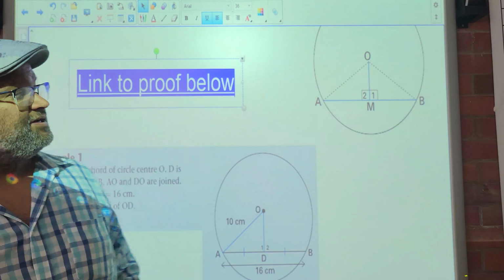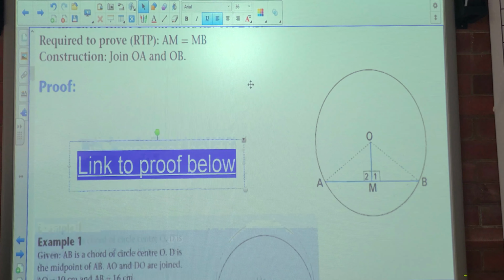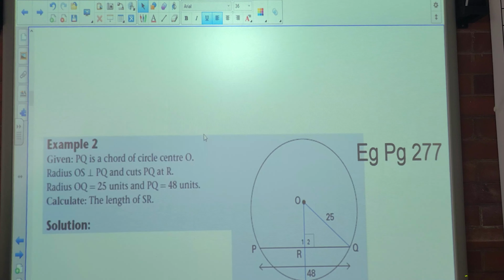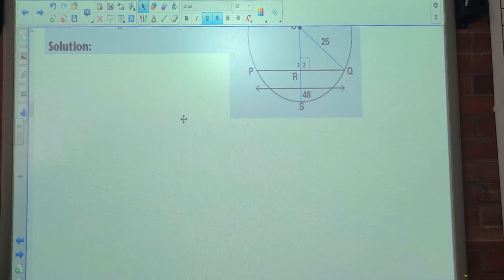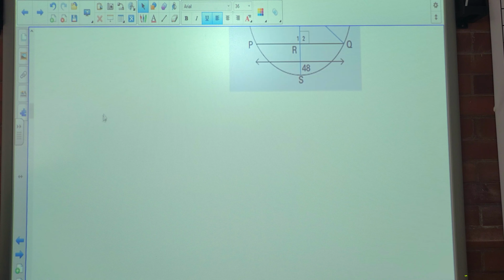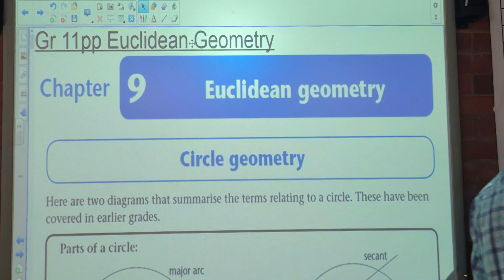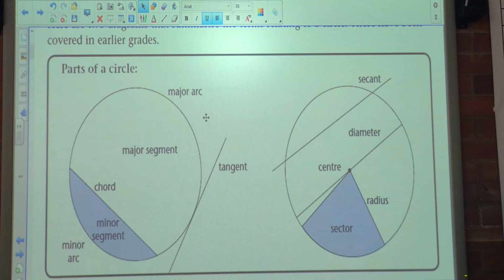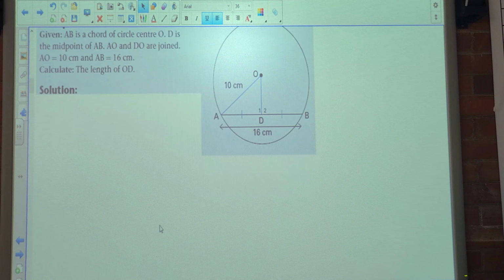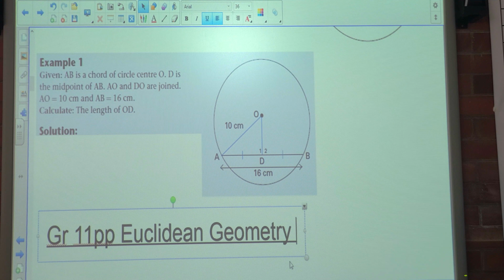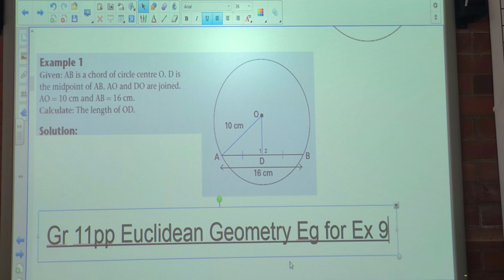At this point, we have proven Theorem 1. Okay. So now we're looking at example 1. Example 1 is on page 277. These are examples for exercise 9.1, and this is on page 277.